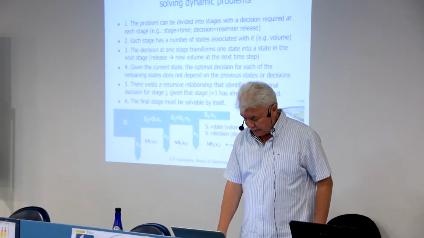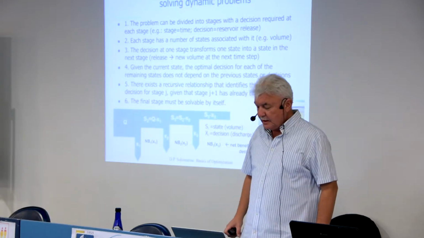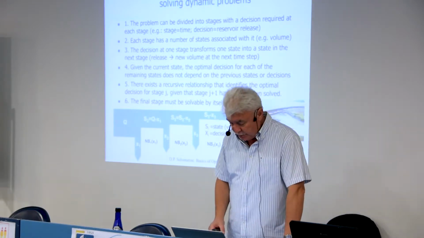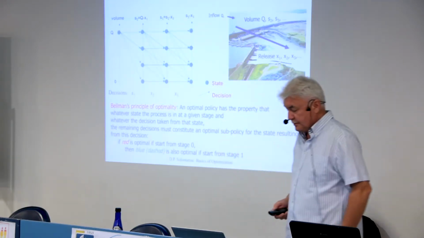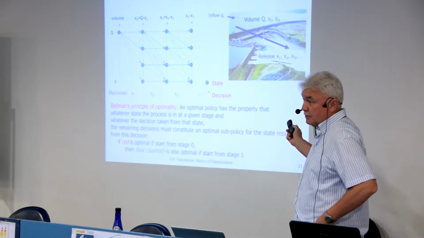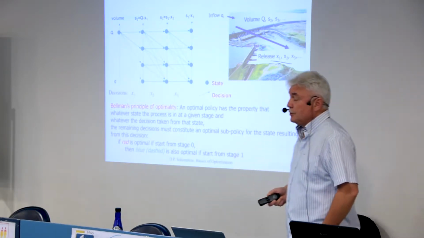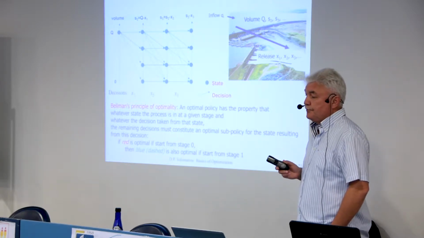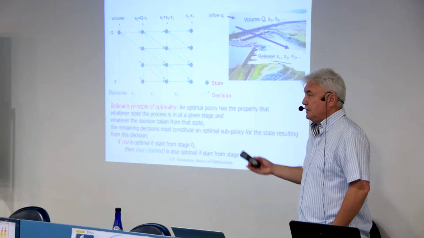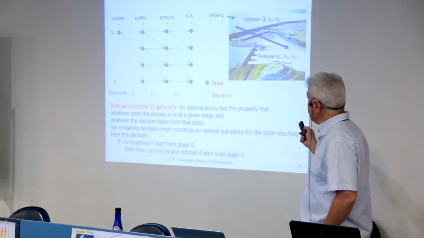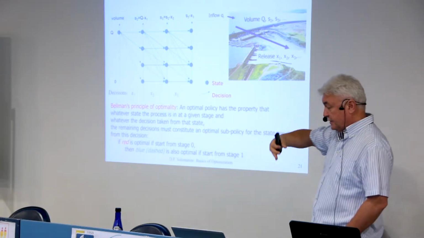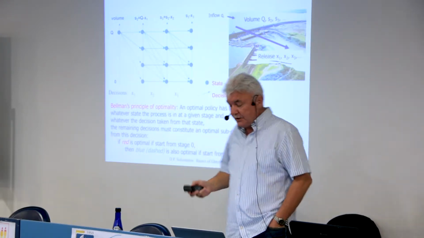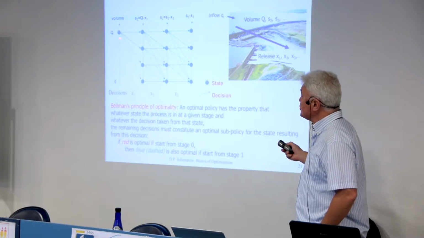Now, dynamic programming. Let me show this. Dynamic programming is one of the optimization methods which is used for stepwise decisions. So imagine you have releases which are progressively planned in time, and each release leads to a change in volume.